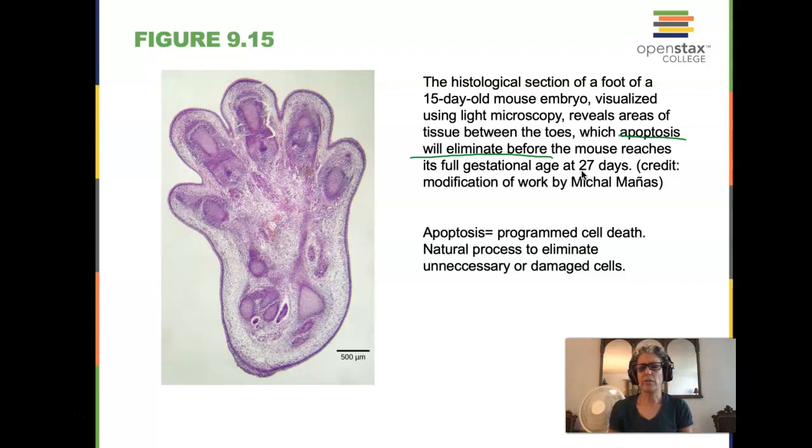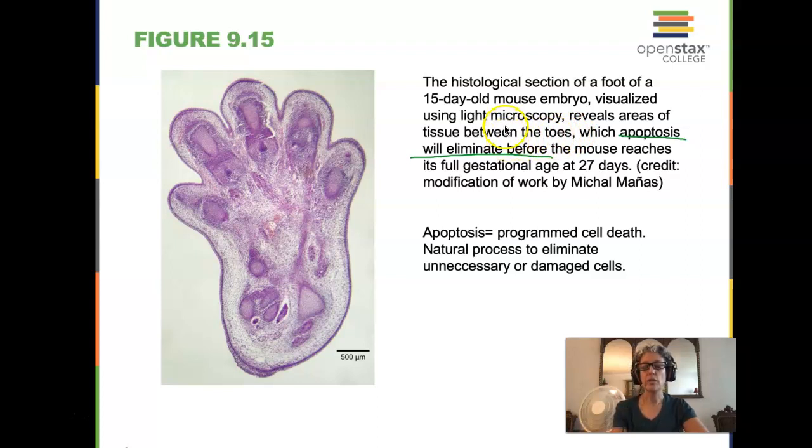We're still a solid ball of cells at that point. So 27 days is less than a month. But it may take us longer to get to this stage, but our hands and feet start out looking just like this. We have tissue between our fingers or between our toes so that they are webbed.